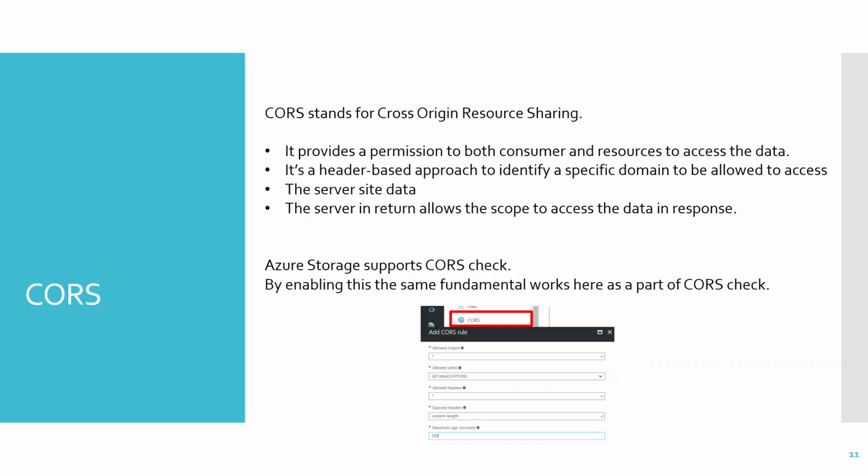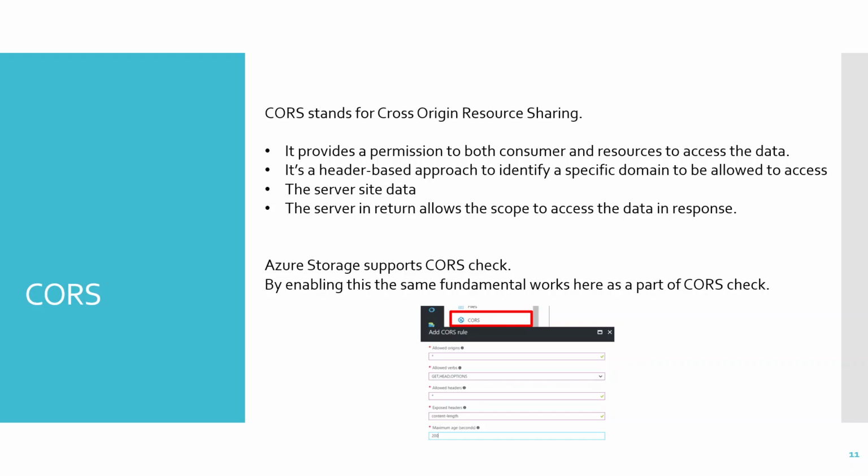The scope in this case, for example, in a REST API call, like post, get, put, all those things, is what the consumer can do on top of a server resource.